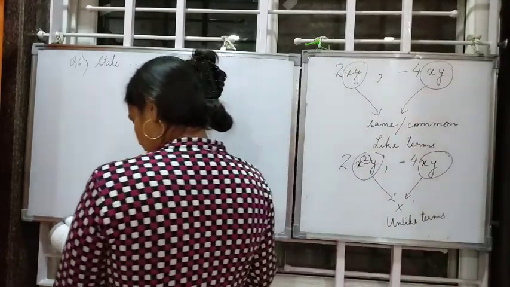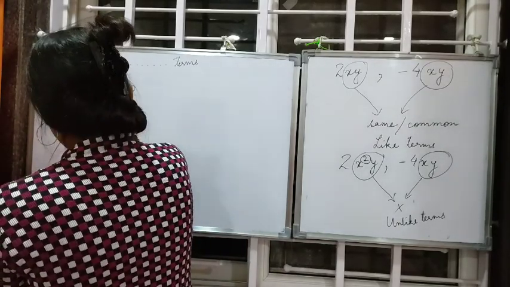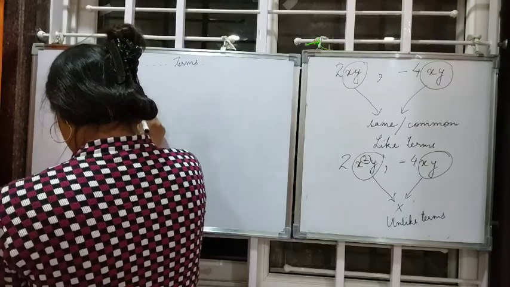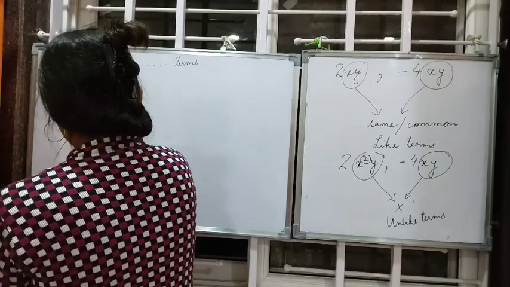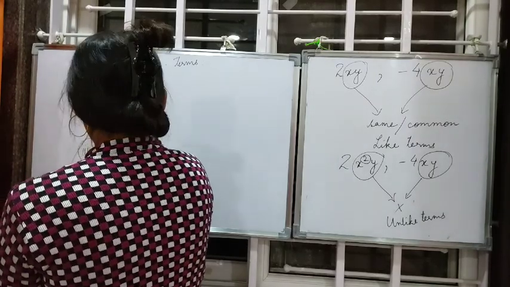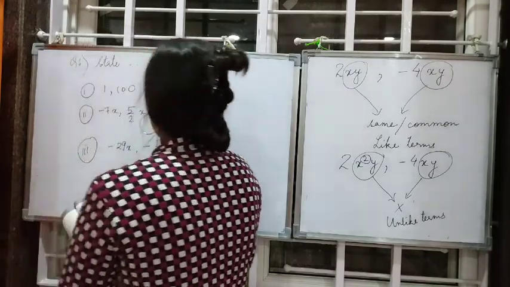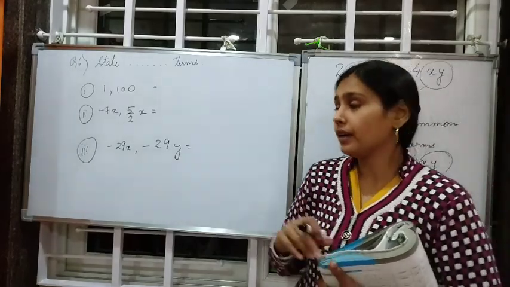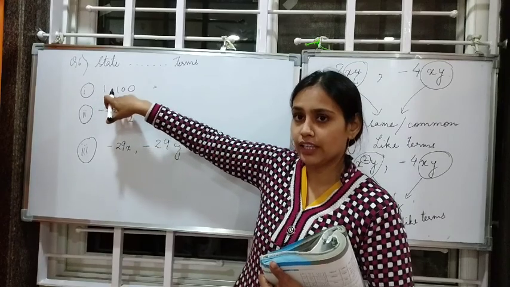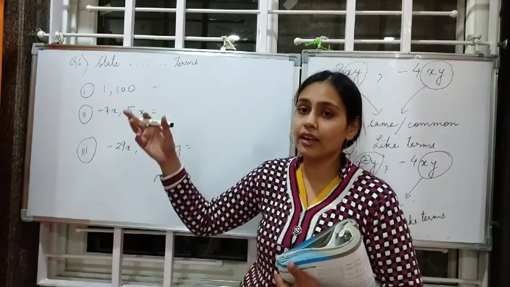and let me write the question. Here, let's compare the variables. When we talk about the first one, the expressions, that is 1 and 100, we see here there is no variable.